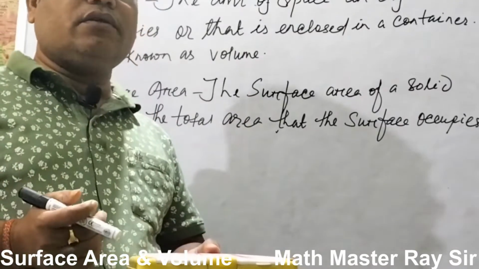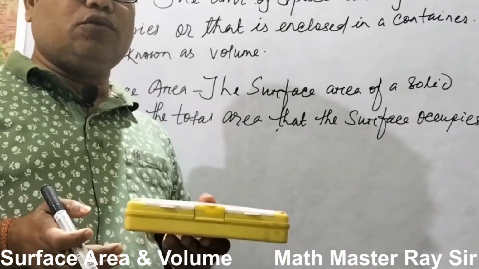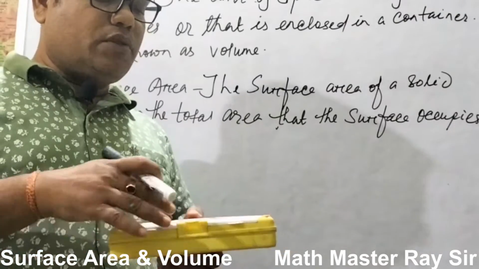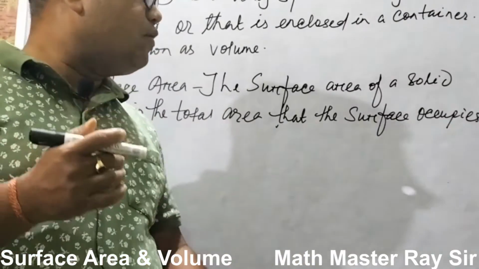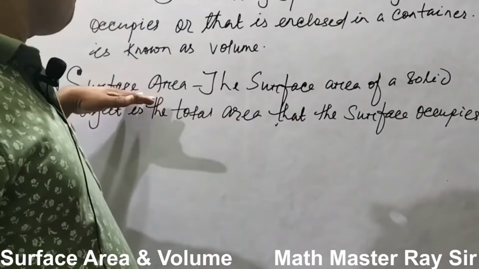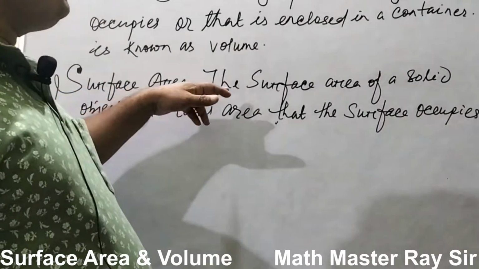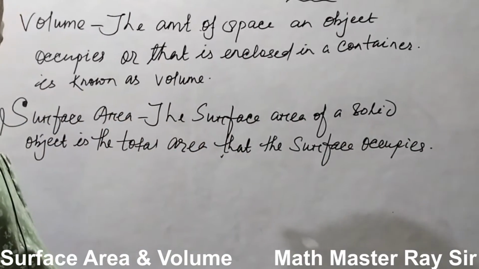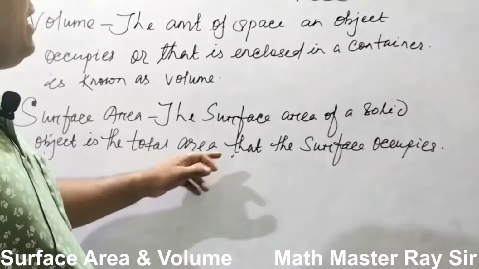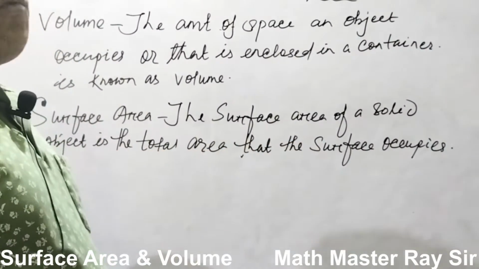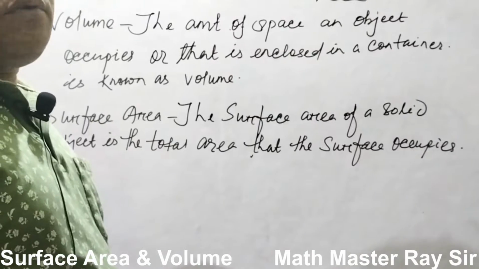If we calculate the total surface area of this cuboid, then it will be the area of 6 faces. Now come to the definition of surface area. I have written: the surface area of a solid object is the total area that the surface occupies. Is it clear for you?